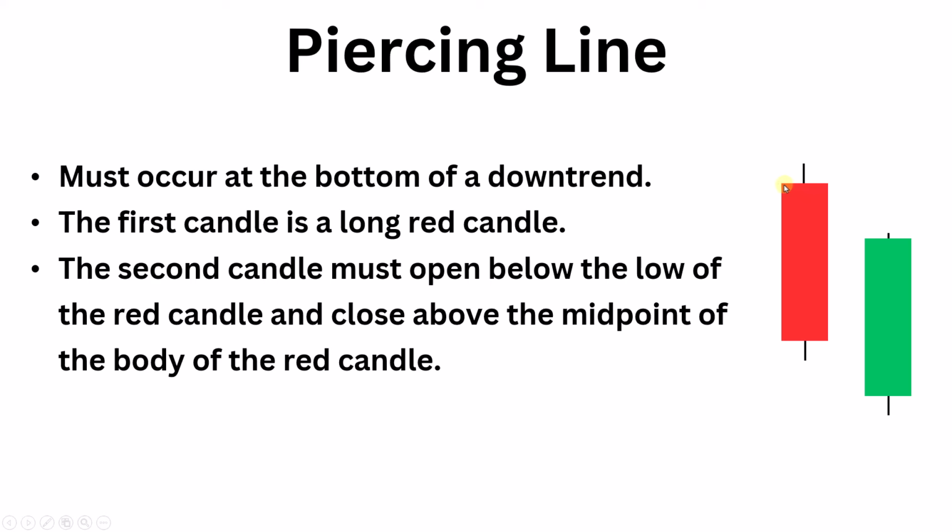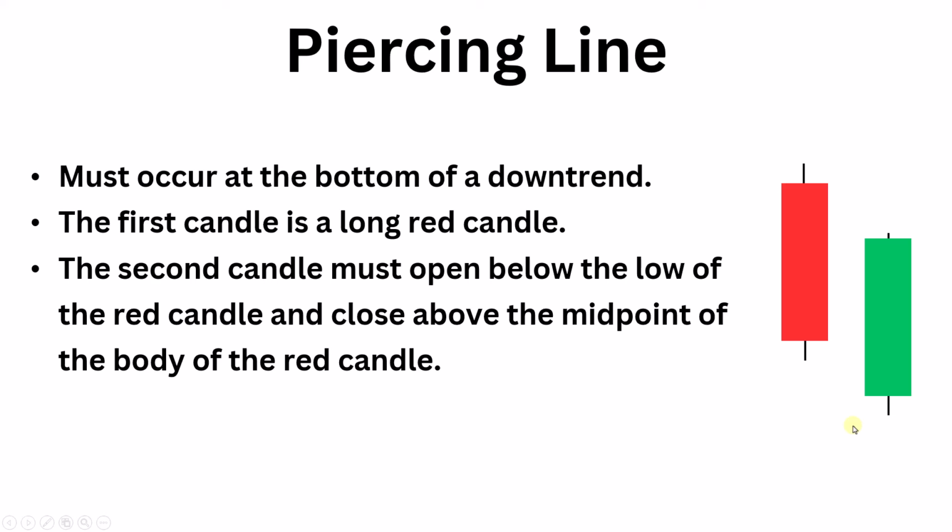This is the body from here till here. The midpoint of the body is somewhere here, and we want this candle to close above the midpoint of the body of the red candle, and if that happens, we will call this a piercing line pattern.